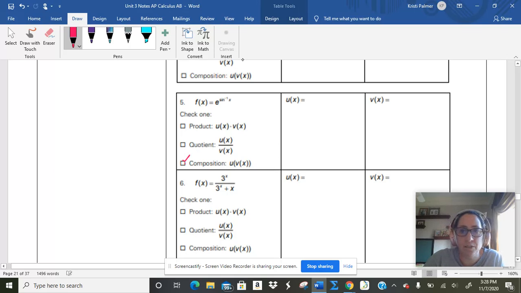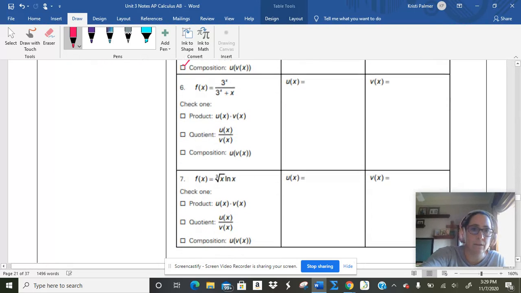Okay, number 5. That's that composition. So that's where we're going to be using the derivative of e is e exactly like you see it times the derivative of that. Okay, but it wants u is e to the x, and the v part, that inside, is the arcsine of x. Number 6, quotient.